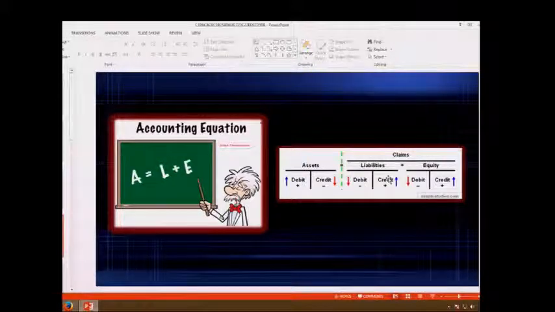So if you look at liabilities, we talked about accounts payable. We talked about maybe notes payable or mortgages payable, right? Any of those liability accounts are going to decrease on the left and increase on the right. It doesn't matter what the name of the account is. If it's a liability, it's going to be the same, okay?